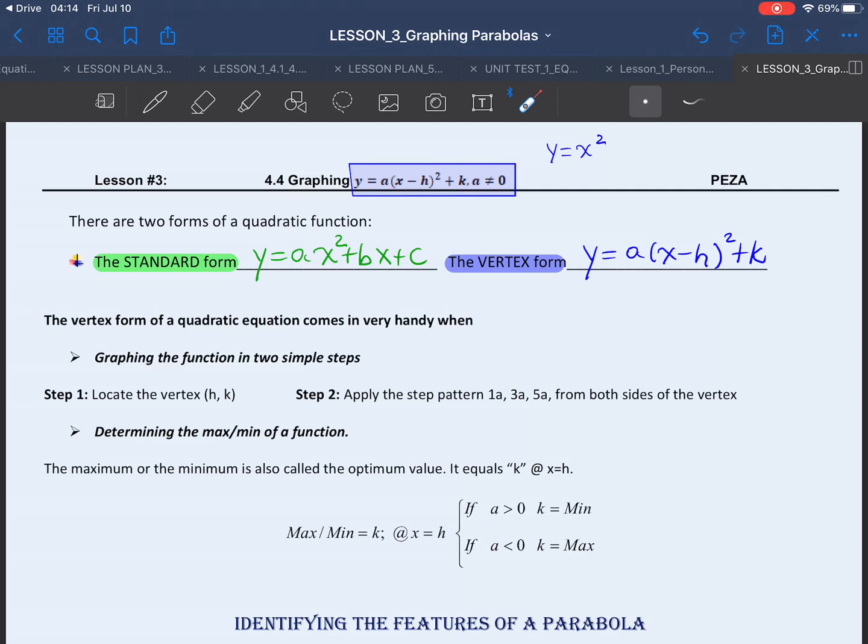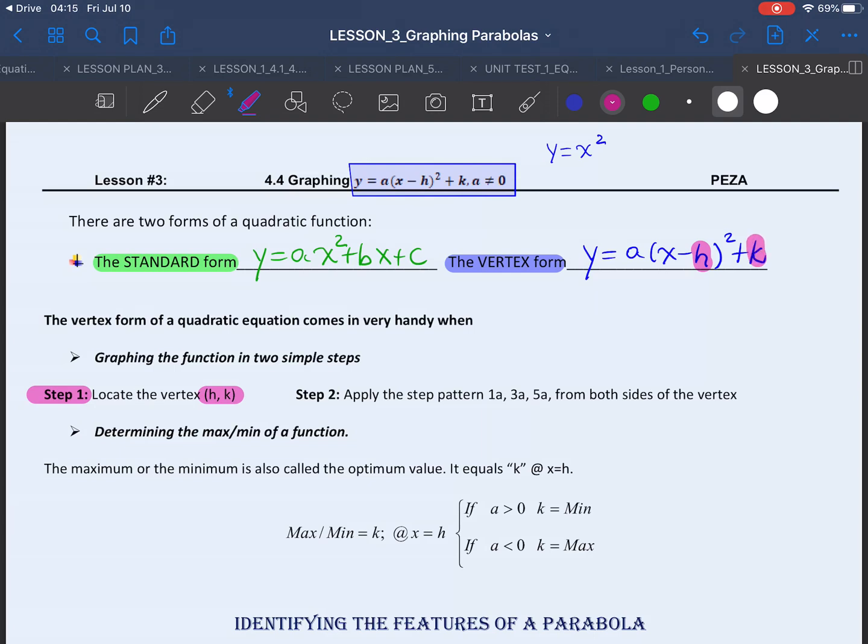Now, the vertex form of a quadratic function equation comes in very handy when we are graphing the function. So the way we graph functions when they're given in vertex form is by following these two very simple steps. Step 1, we have to locate the vertex, which is h and k.